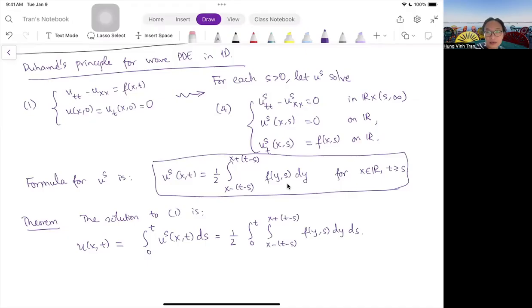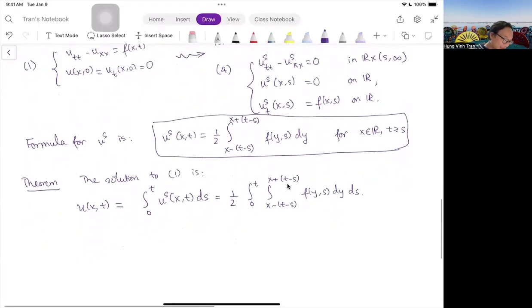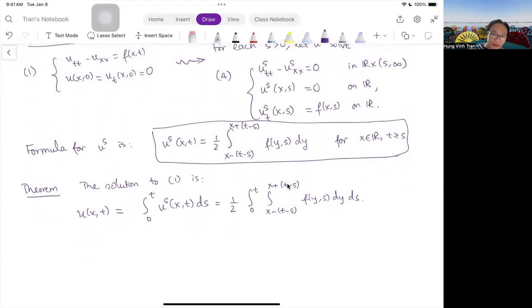The proof is quite straightforward. The key is to understand why we put f on u_t at s. Okay, proof. Well, we just need to use the first formula, right? So let me write u(x,t) equals the integral from 0 to t of u^s(x,t) ds. I can differentiate in x because the integral is in t.